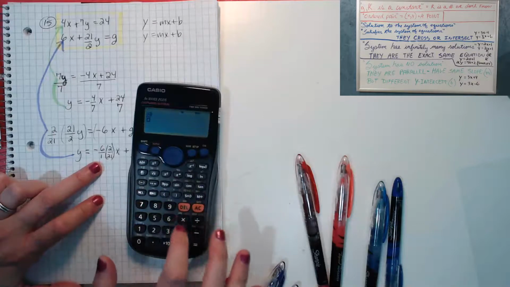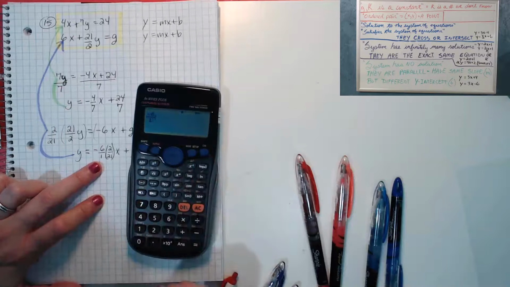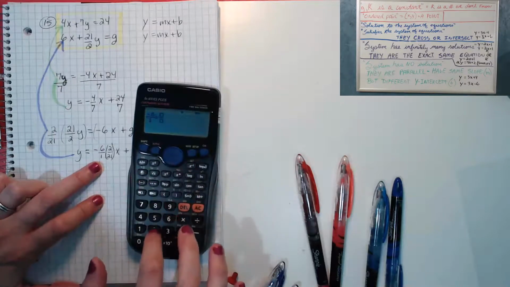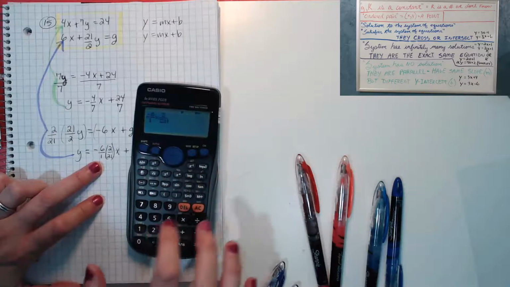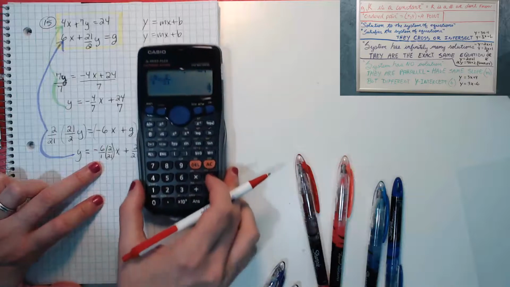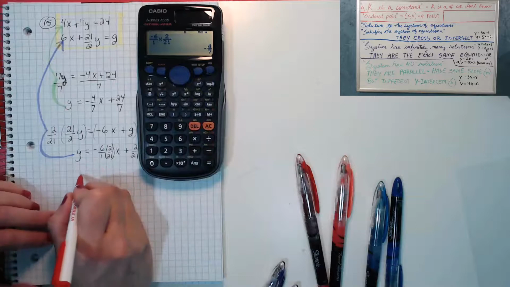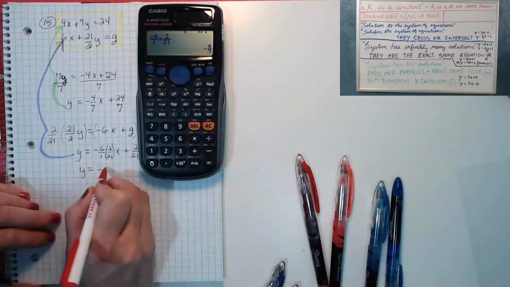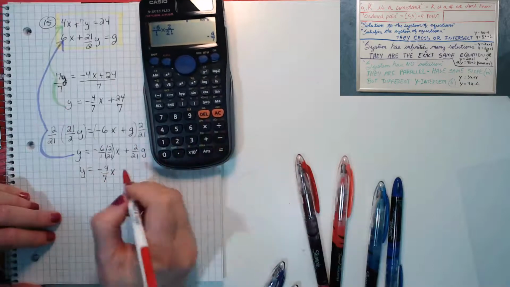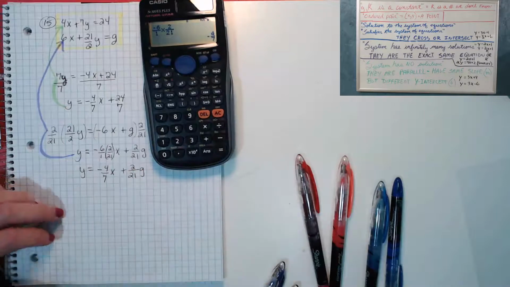You can say negative 6 over 1 times the fraction of 2 over 21 equals negative 4/7. Y equals negative 4/7 x plus 2 over 21g.